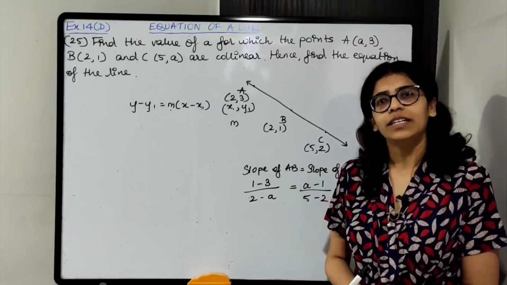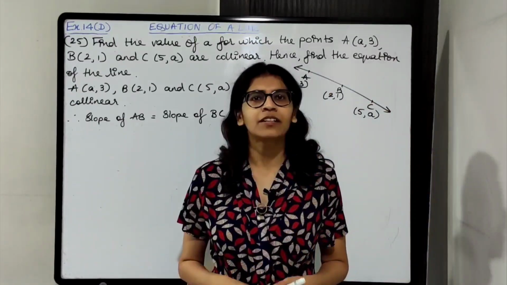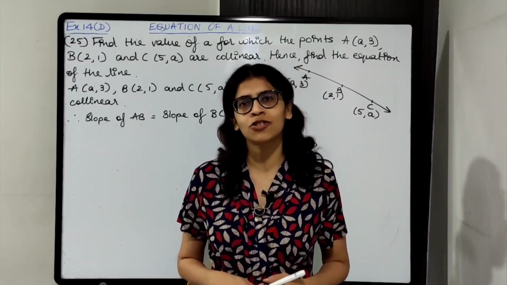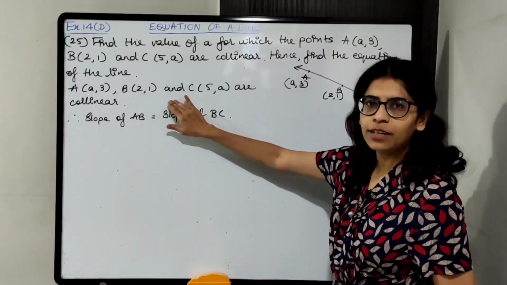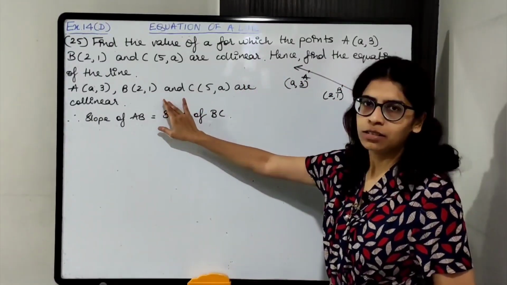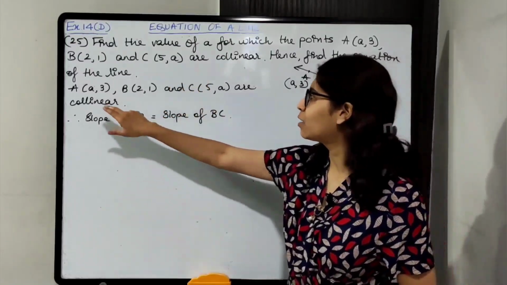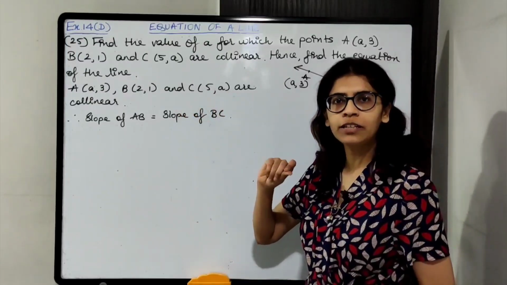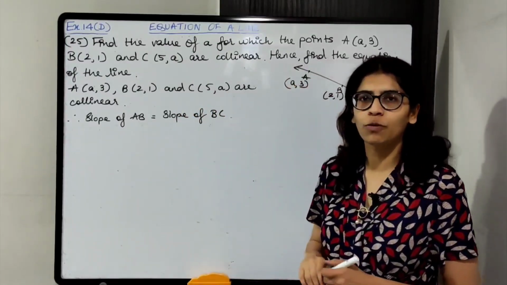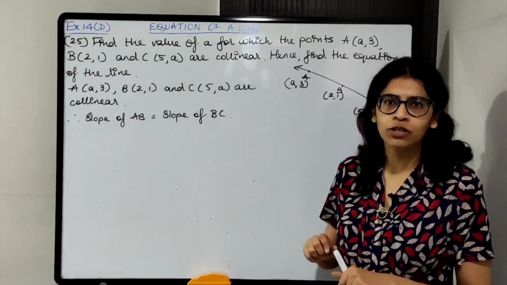Okay, so let us now start solving. First draw the figure and then start solving. So after drawing the figure, write down A, B and C are collinear. This is already given to us, and also write down the coordinates of A, B and C. Since they are collinear, slope of AB will be equal to slope of BC. Let's find out the slopes.